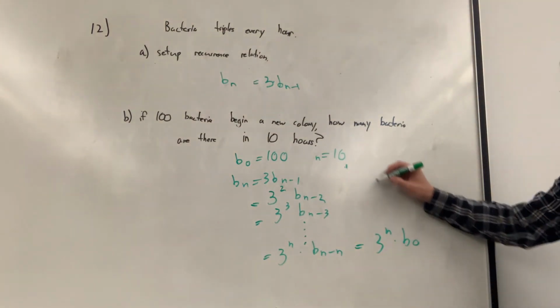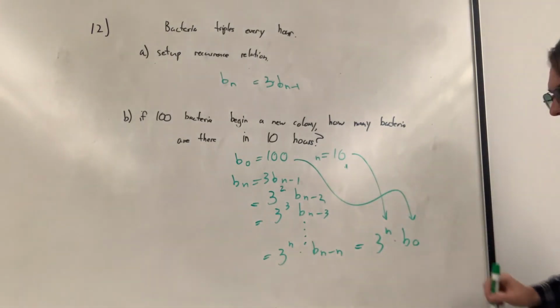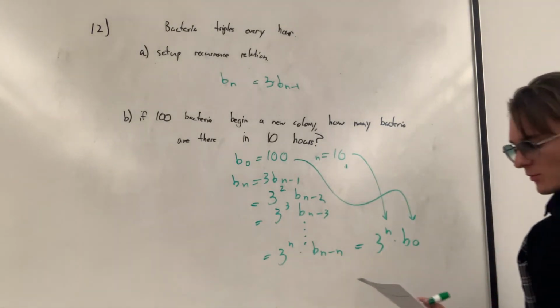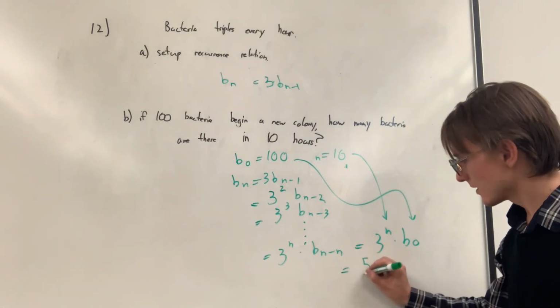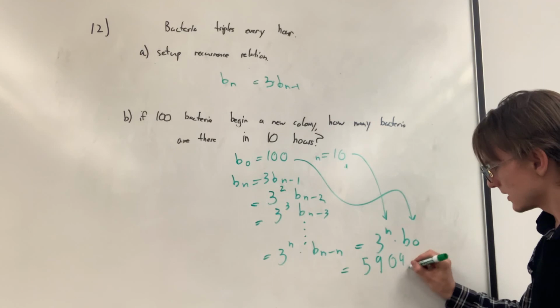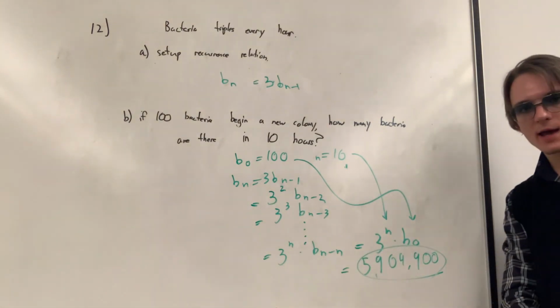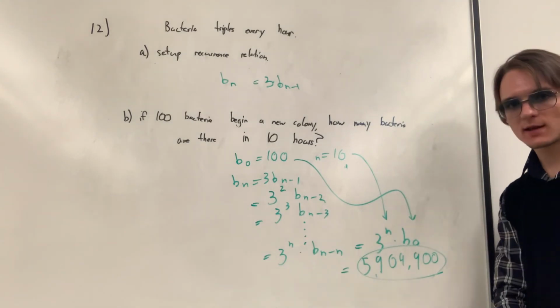Simply replace n with 10 and replace B of 0 with 100. And what do we get? Well, we get 5,904,900, which is how many bacteria we will have in our colony after 10 hours.